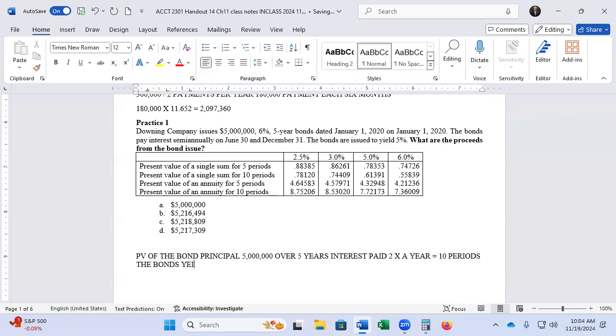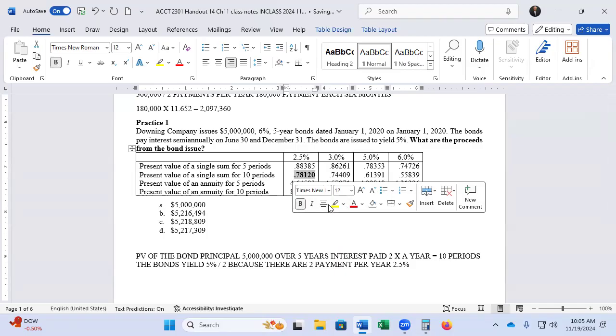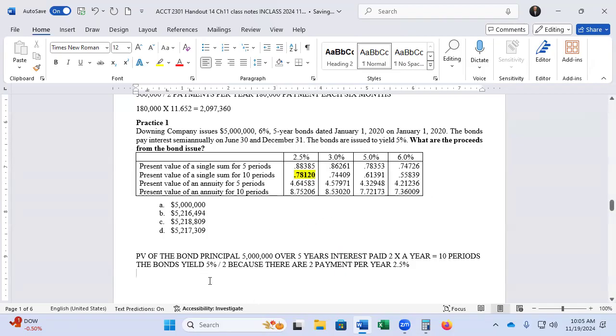Bonds yield 5%. So we know that we have to divide by 2 because there are 2 payments per year. So we have 2.5%. So this is our first factor that we're going to use to calculate the bonds. So we have 5 million and we multiply by 0.78120. And we end up with 3,906,000.